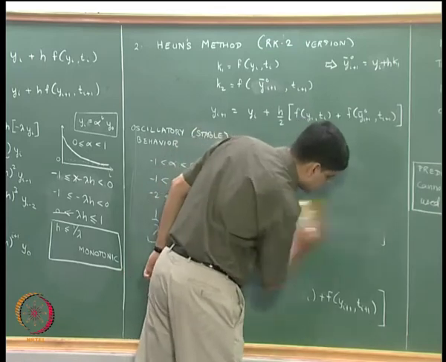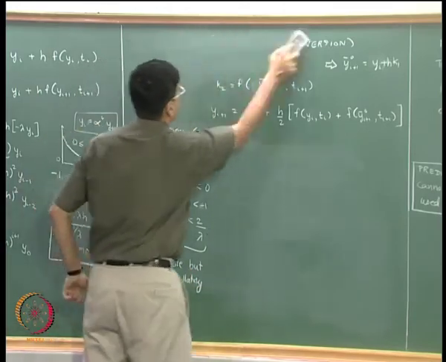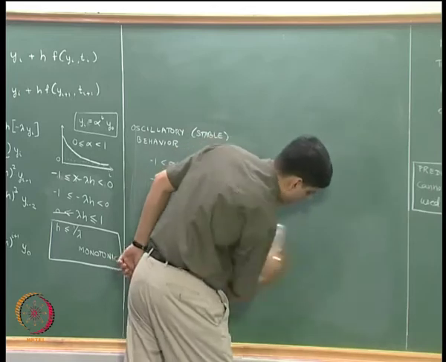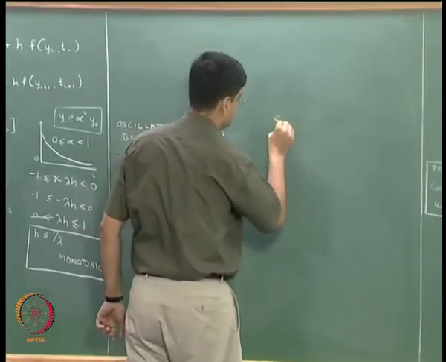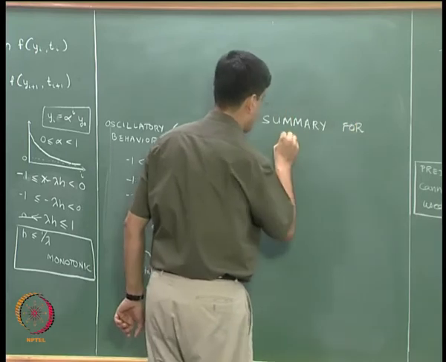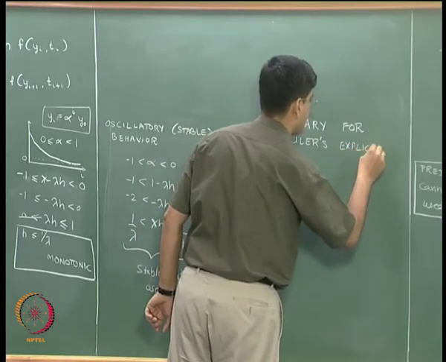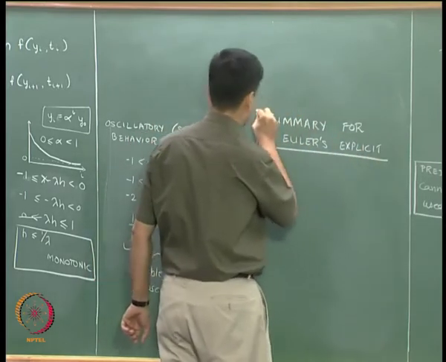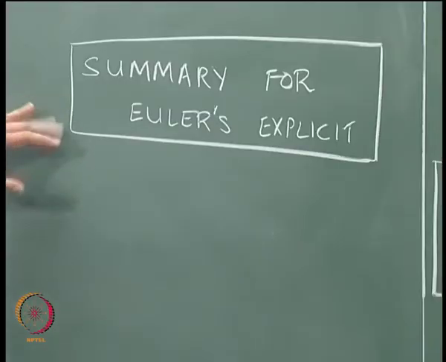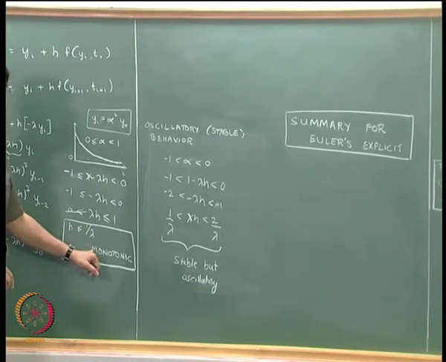So, to summarize these results, the summary of stability results for Euler's explicit method is that if h lies between 0 and 1 by lambda, we will get monotonic and stable behavior.